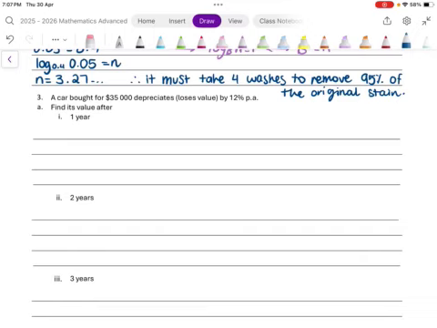So when something's depreciated, we can use our compound interest formula, which is A equals P lots of 1 plus R to the power of n, and we have that on our reference sheet, but we are going to want to be using A equals P lots of 1 minus R to the power of n. Okay, that is our depreciation formula.